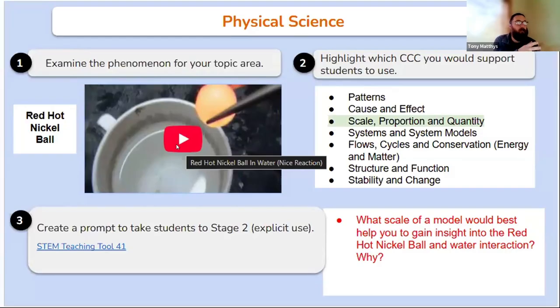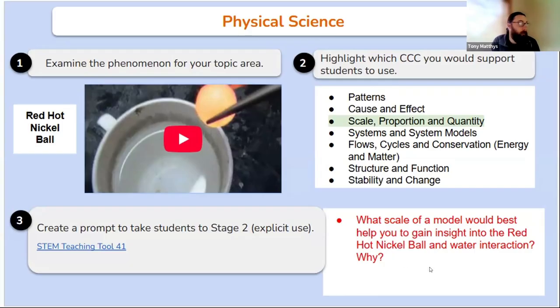To explain what's going on in this phenomenon, you really have to start thinking about what's going on at the molecular scale. So that's where I'm drawn, to trying to help students recognize that changing scale is going to be really important for investigating that. That's why I adapted a question using this link to something like, what scale of model would best help you gain insight into the red hot nickel ball and water interaction, and why? Zooming out isn't going to be super helpful. You're going to want to zoom in.